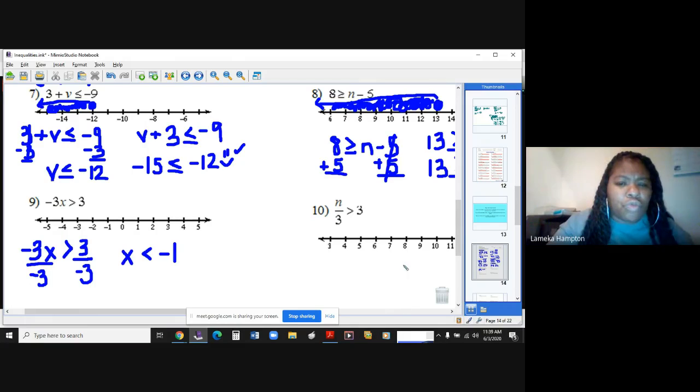Because we have an addition problem and a subtraction problem for numbers 7 and 8, I just did regular math. But numbers 9 and 10, I'm going to do the same thing. The difference with number 9 is that because I divided by a negative number, I had to flip my sign, from a greater than to a less than. Does that part make sense?